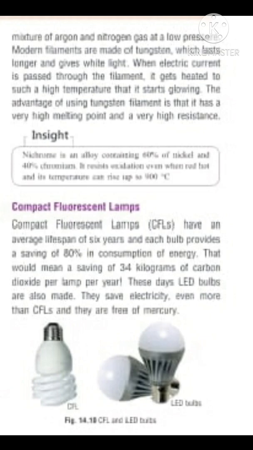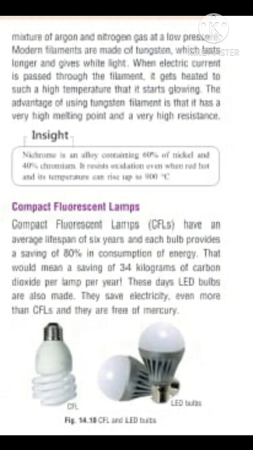Compact fluorescent lamps, CFLs, have an average lifespan of 6 years and each bulb provides a saving of 80% in consumption of energy. That would mean a saving of 34 kg of carbon dioxide per lamp per year.